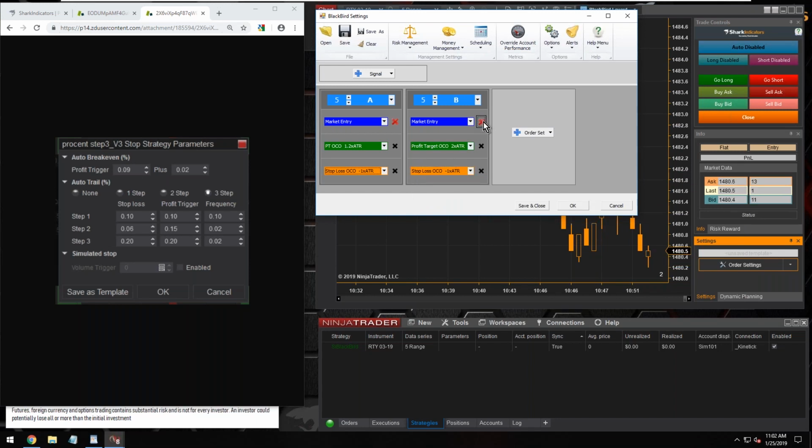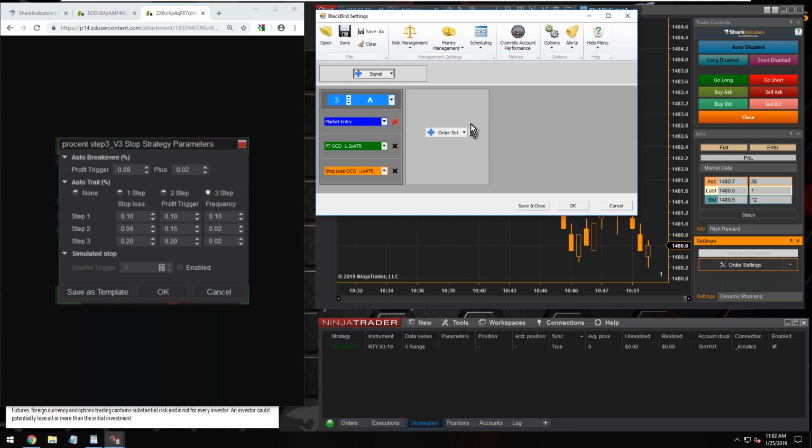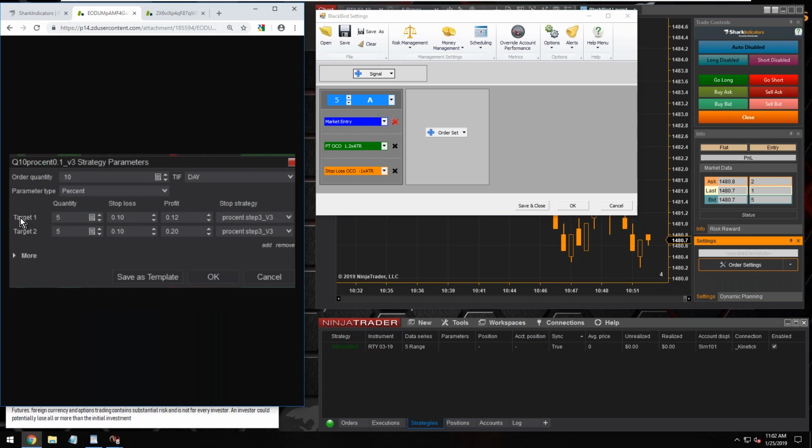Or what I would suggest, what's a little faster to do, is let's just get rid of this order set. I set that order set up intentionally just for the training, so you get an understanding of how to set that up if you have a target 1 and a target 2 and a target 3. But now that you know how to set that up, here's the best practice for setting up your orders.